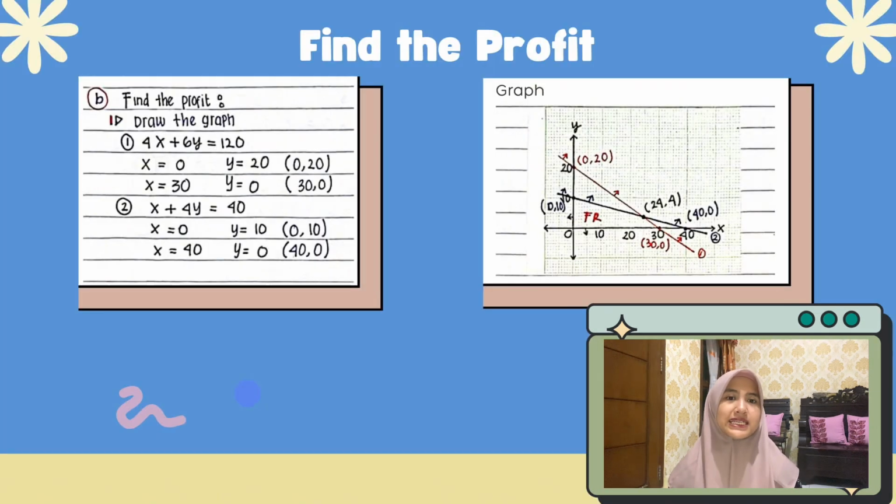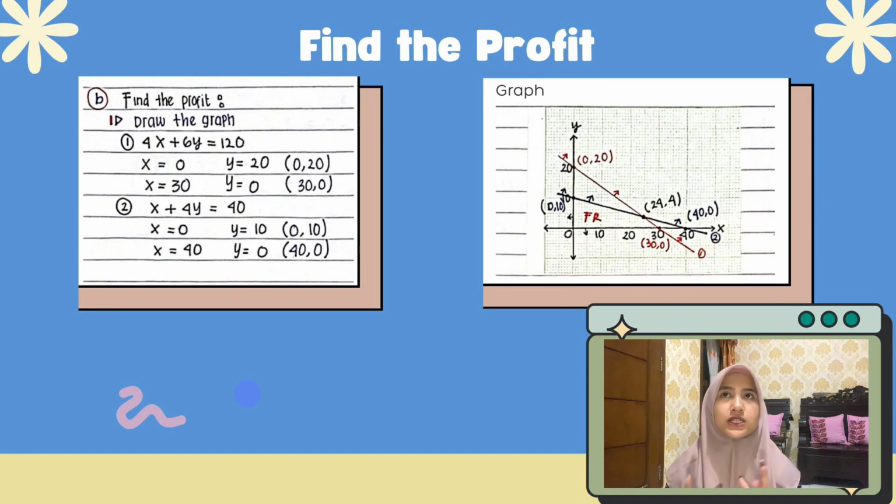The next step is to visualize the constraints in graphical form. We find the intersection point of each equation with the x-axis and y-axis. For 4x plus 6y equals 120, if x equals 0 then y equals 20, so we obtain the point (0, 20).